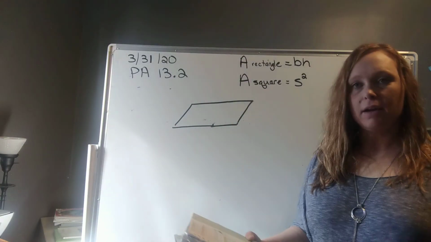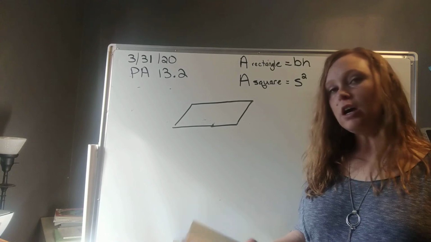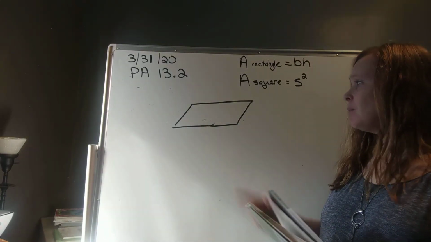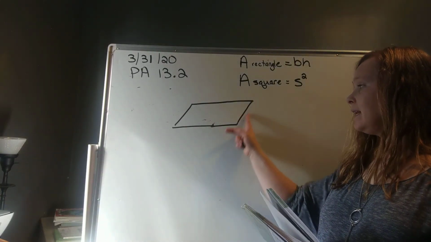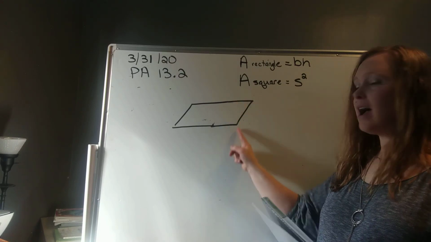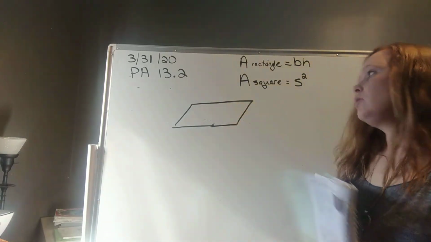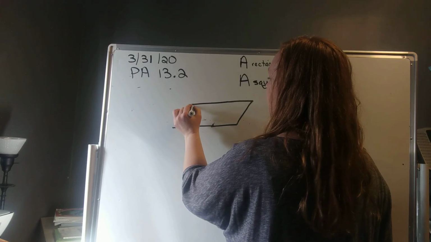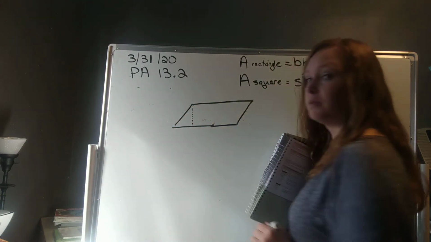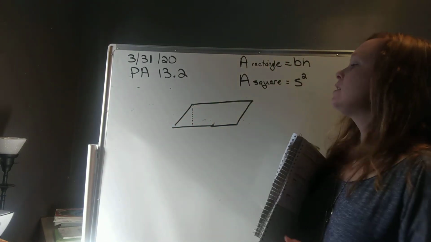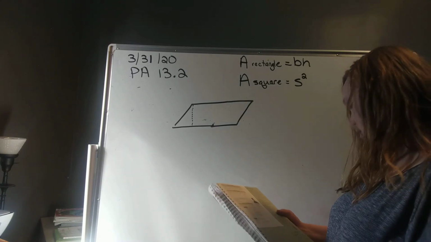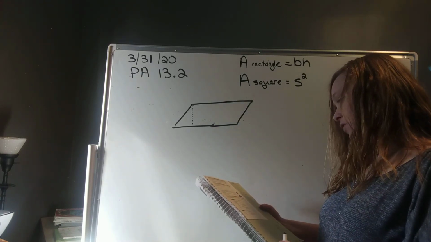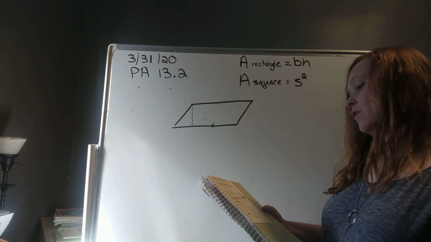When we find the area of a parallelogram, it's not quite as easy because the length of the side here is not actually the height of the shape. You see, the height is actually right here.